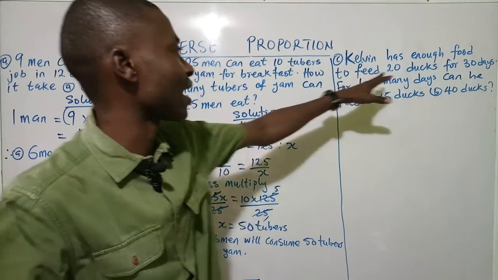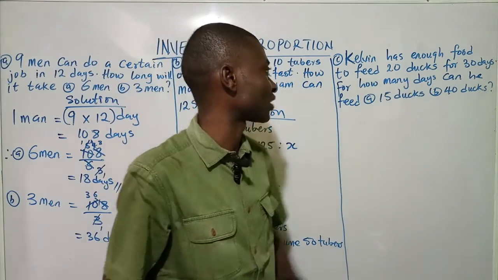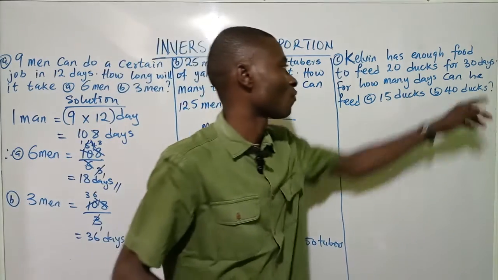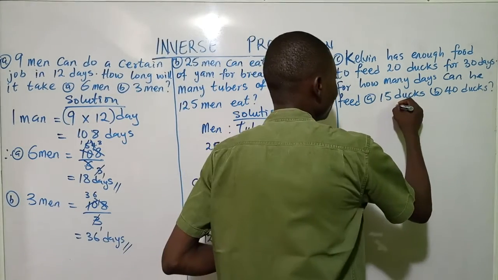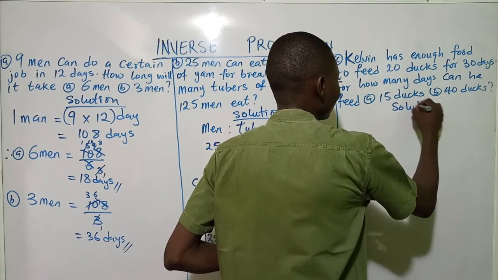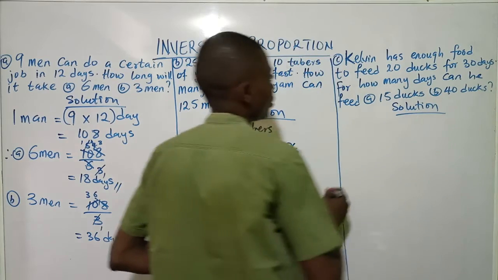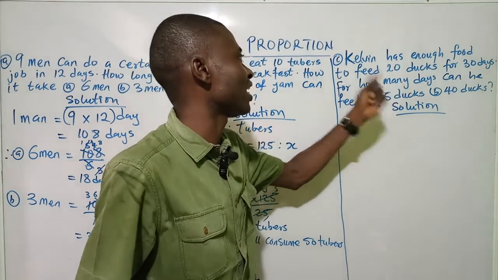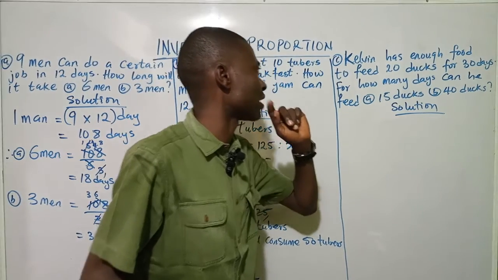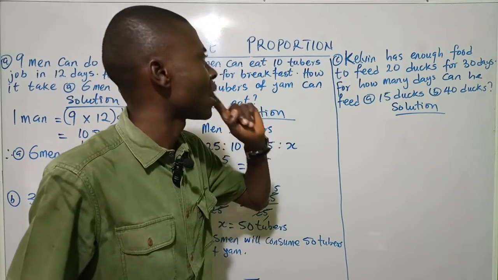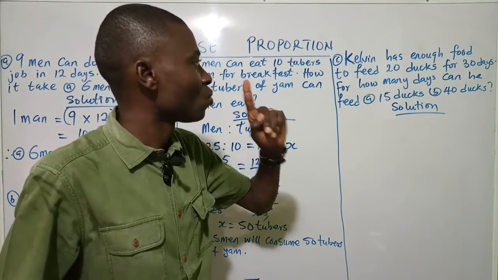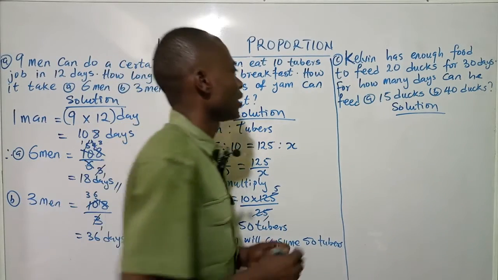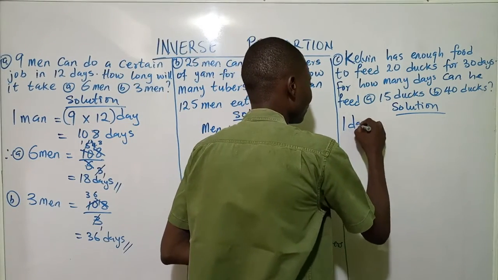Now the next one. Kevin has enough food to feed 20 dogs for 30 days. For how many days can he feed 15 dogs, 40 dogs? Solution again. This time we can think of how many days it will take if Kevin has only one dog to finish this feed.